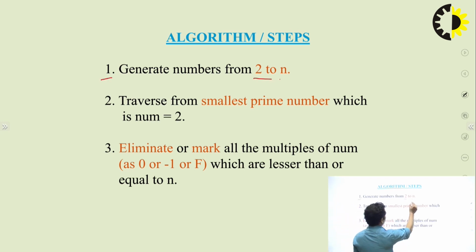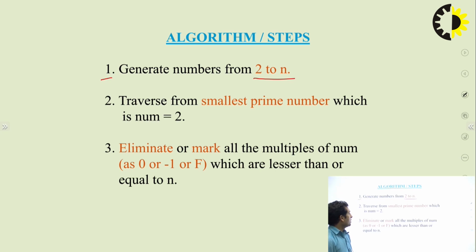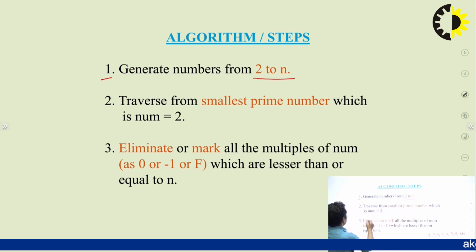Pick the numbers from 2 to n, and then traverse from the smallest prime number, which is 2. For example, let us take 2, 3, 4, 5, 6, 7, 8, 9, 10. We want to generate prime numbers up to 10.